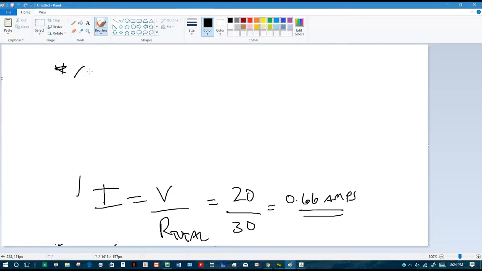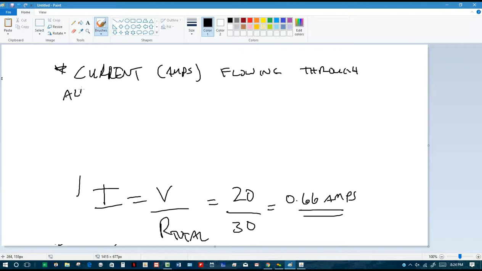Current, which is amps, flowing through all parts of a series circuit is the same.